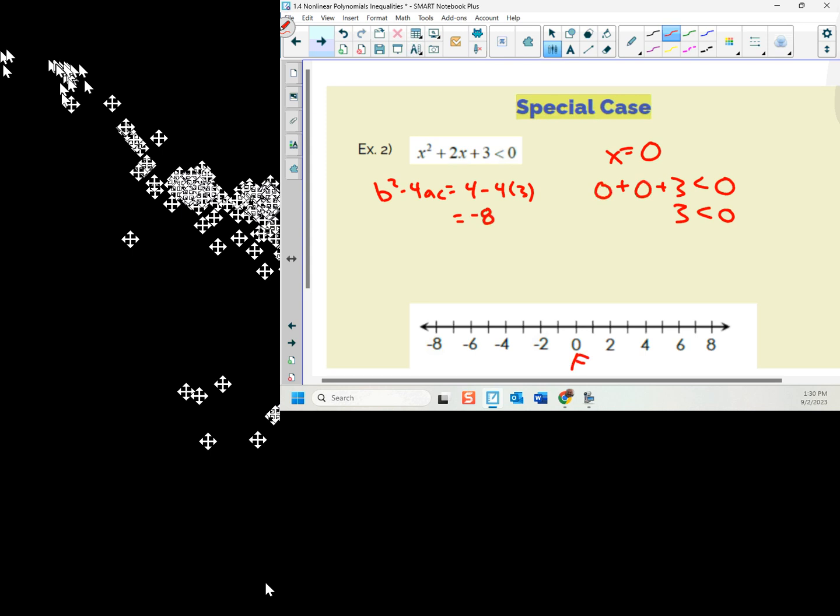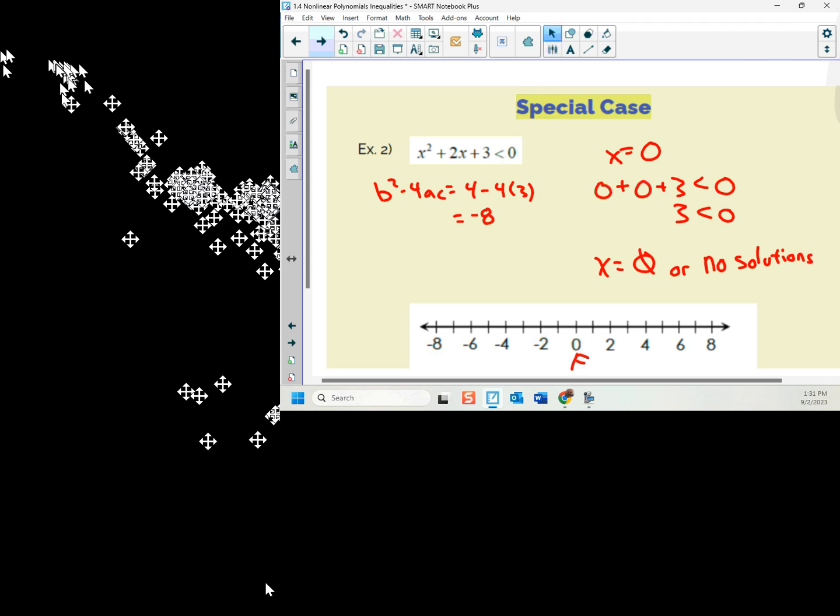That is false. Well, if that is false and you don't have any place where it changes, that means all of them are going to be false, because there's no change. So there's no place to change. Since one's false, they're all false. So this would be x equals the empty set, or no solutions.